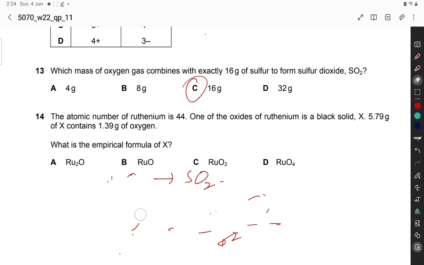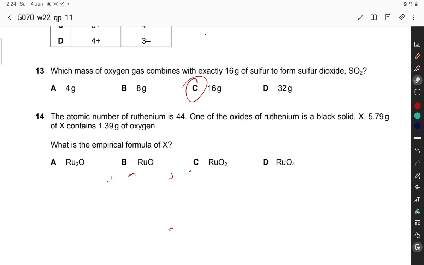The atomic number of ruthenium is 44. One of these oxides of ruthenium is a black solid x. 5.79 gram of x contains 1.39 gram of oxygen. What is the empirical formula of x? The atomic number of ruthenium is 44.